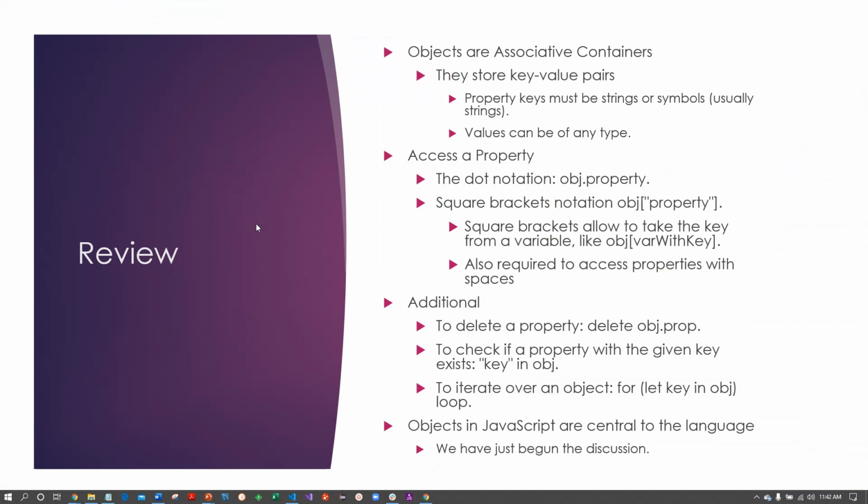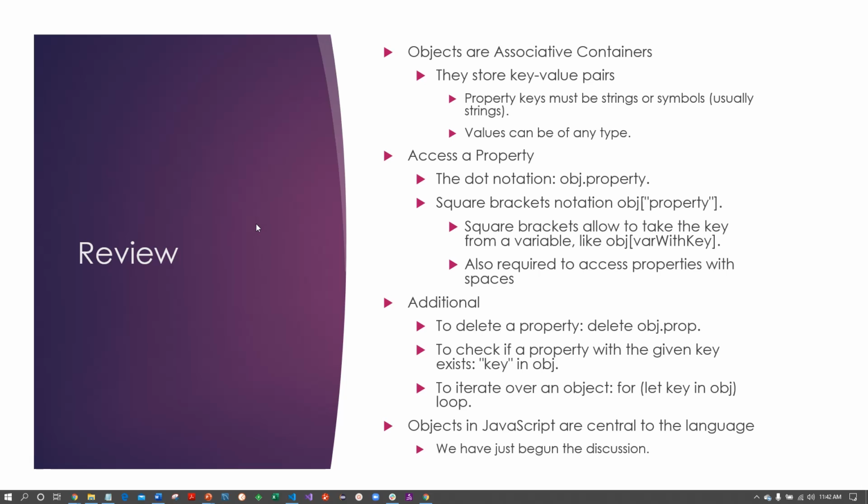So let's review what we've seen. Objects in JavaScript are associative containers. They store key value pairs. Property keys must be strings or symbols, and they're usually strings. Values can be of any type, though. To access a property, you can use the dot notation, object.property. You can use square bracket notation, object, and the property in quotes.